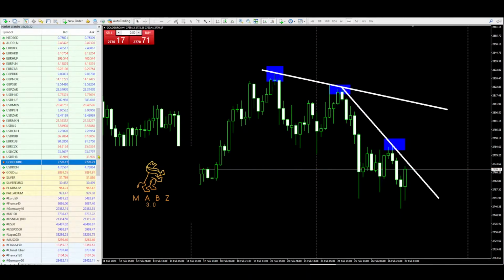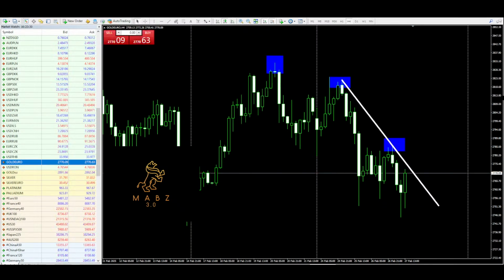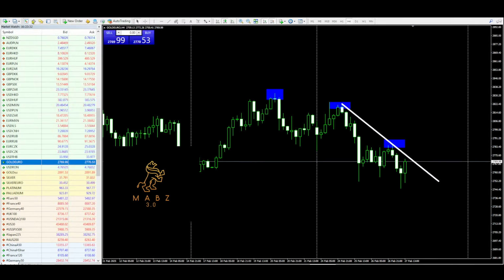And then you just delete the ones that aren't necessary. That one at the top, because the price isn't there anymore, you just delete it and you'd be left with that one. And at the bottom, here's a bottom right here, here's another turning point over here, and another turning point.